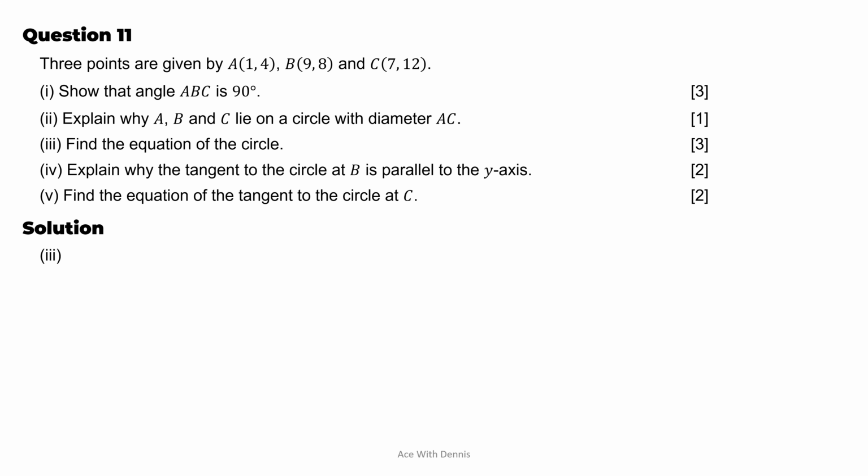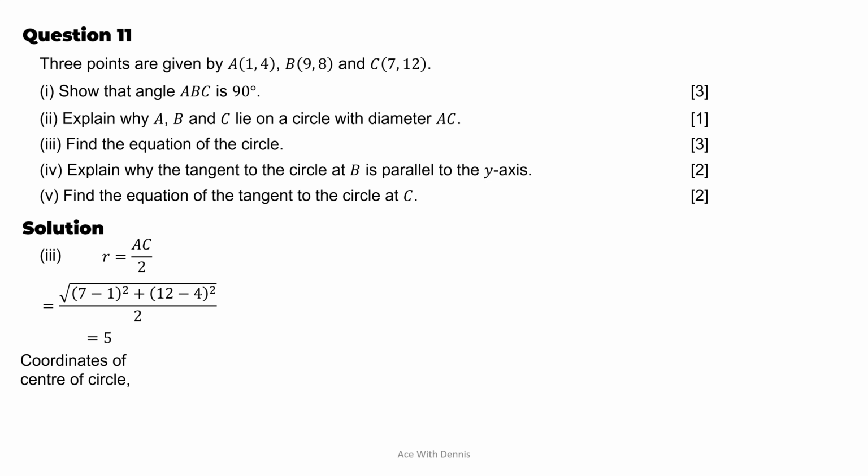Part 3. In order to form the equation of the circle, we need two pieces of information, which are the length of the radius r and the coordinates of the center O. To get the radius r, it is half of the length of AC because AC is the diameter. So in this case, it will be the square root of (7 minus 1) squared plus (12 minus 4) squared, divided by 2, which gives us 5.